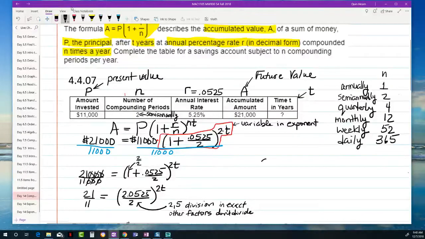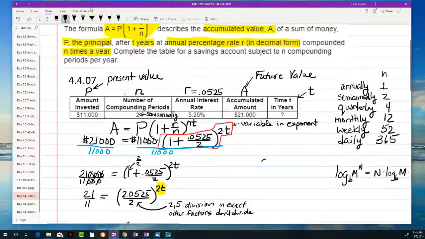So we're going to have to now figure out a way to get the variable out of the exponent. And the way that we do that is using a rule of logarithms that we discussed in class, which said that when you have the log base b of m to the n power, that's the same as n times the log base b of m.